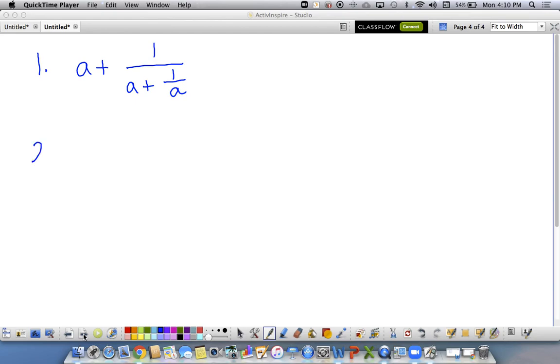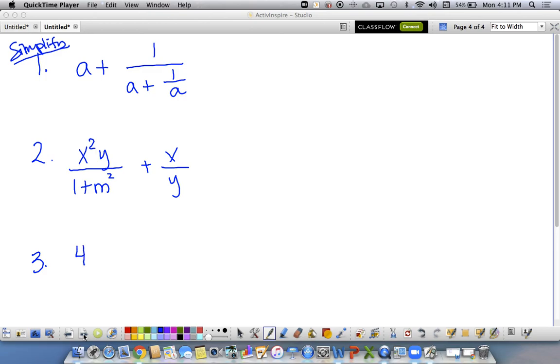Number 2, we're going to do x squared y over 1 plus m squared plus x over y. Okay, so all of these are going to say simplify, all of them. Sorry. Number 3, we're going to do 4 minus 3 root 2 over 8 minus root 2. Okay, and we're going to stop right there.